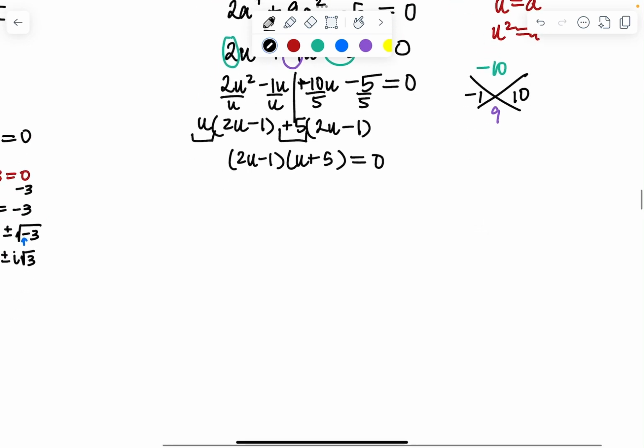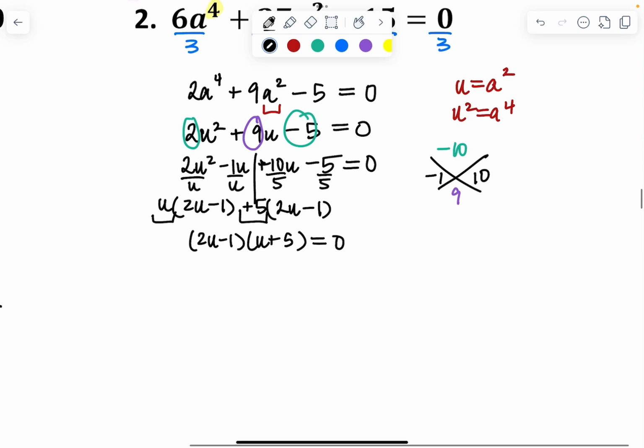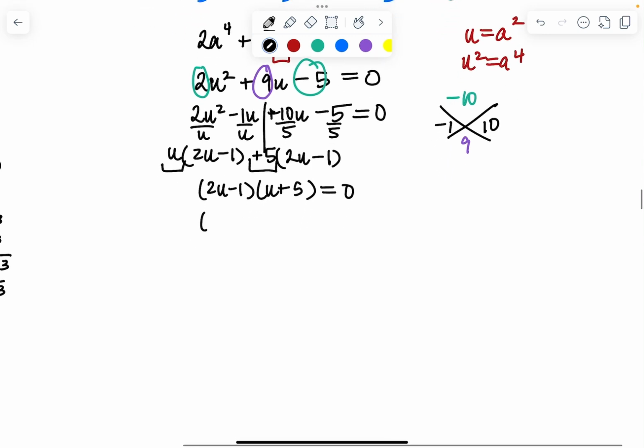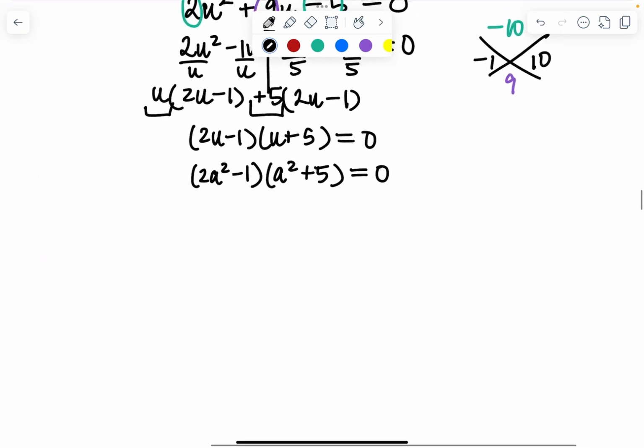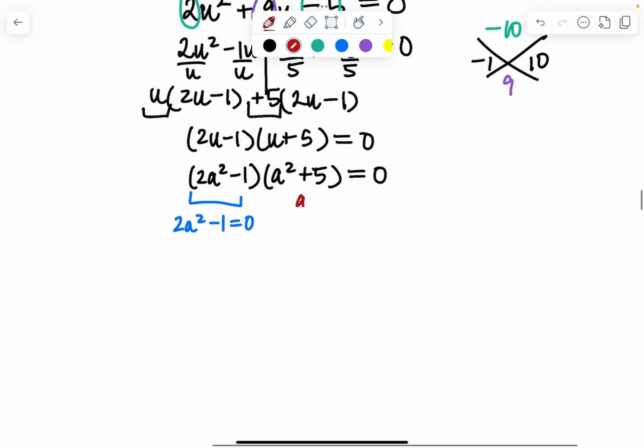Still equals 0. And so now we're ready to bring the a squareds back. And so replacing u with the original a squareds. Neither of these quadratics are factorable. So just like the last example, we're going to go ahead and set each factor equal to 0 and solve.